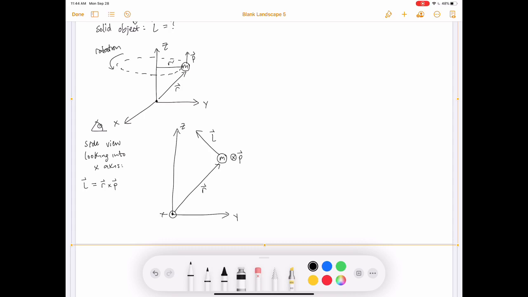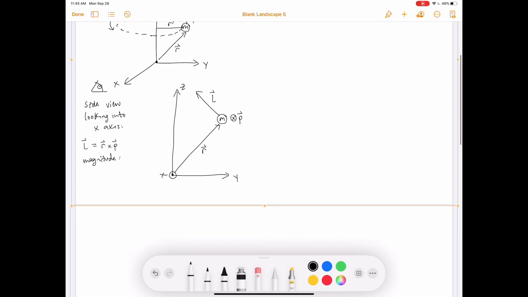Okay, when it comes to the magnitude of L, because we just figured out the direction, remember the magnitude of a cross product is given by the magnitude of the first vector, which is r, times the magnitude of the second vector, which is p, and then the sine of the angle between them. But if we consider the r vector and the p vector shown here, they're actually at a 90-degree angle to each other because the r vector is in the plane of the page and the p vector is going into the page.